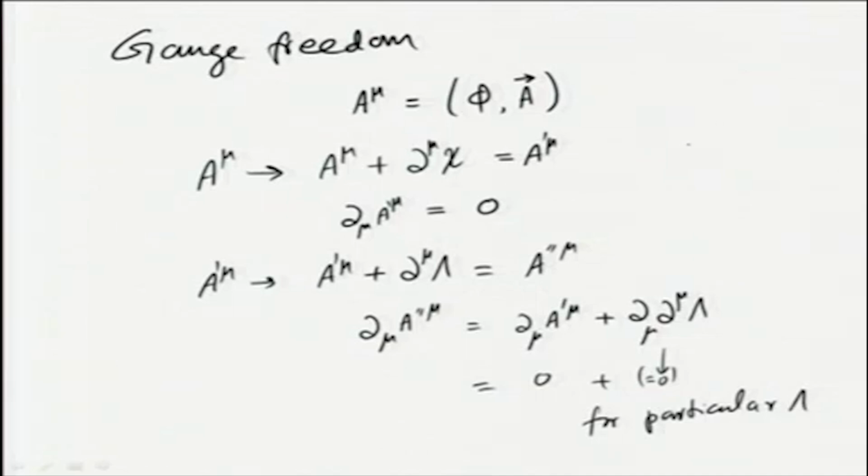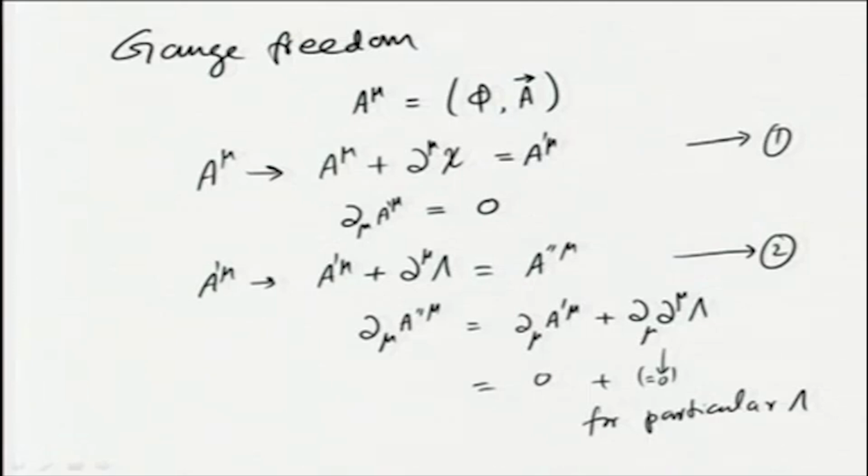So, the first transformation fixes A mu so that it is divergenceless, and then we see that there is still a freedom to choose the potential.